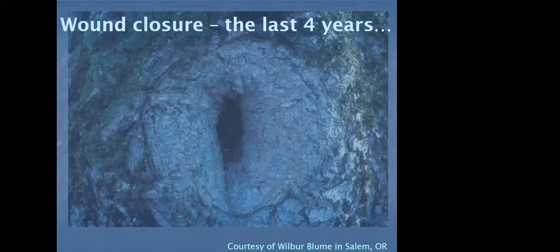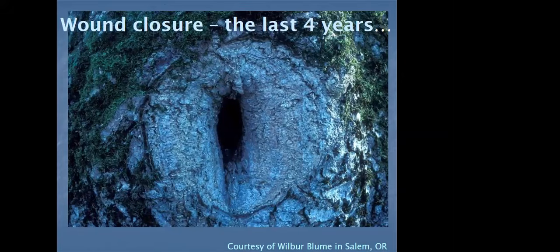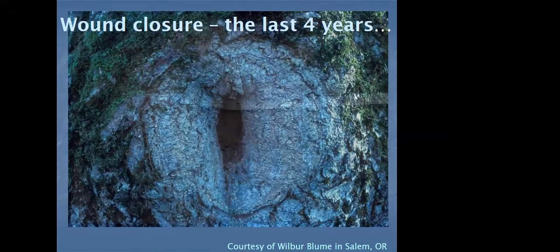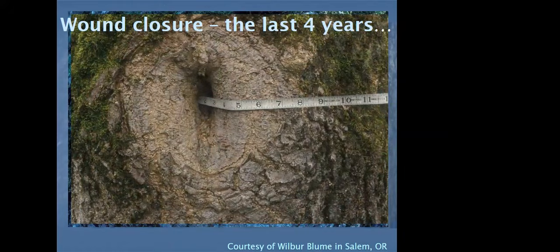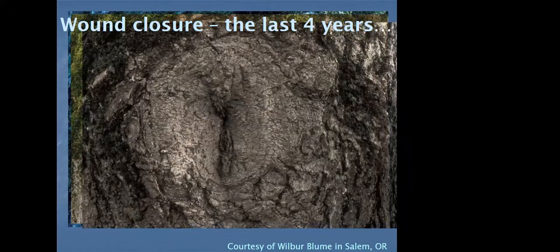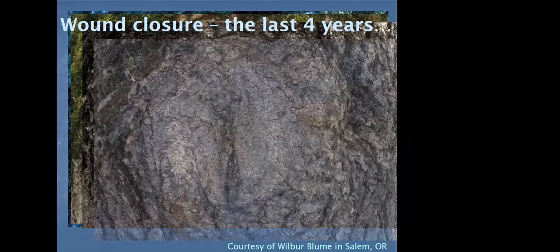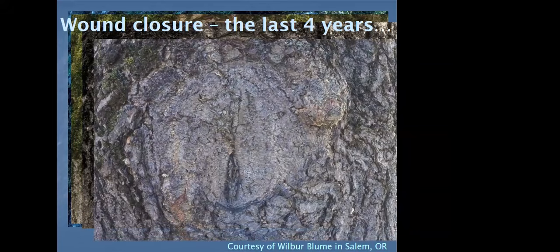And then the last 4 years here of that same cut. And you can see it completely closes over time. If you make it in that right area, you'll have complete closure. If not, then you may or may not get closure. And there's the final. You can hardly tell there was a pruning cut made there.